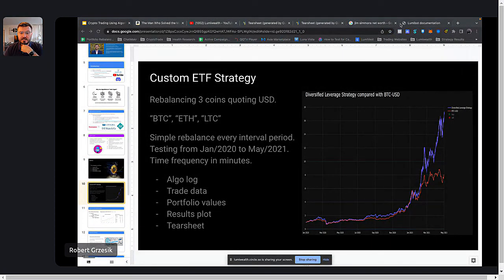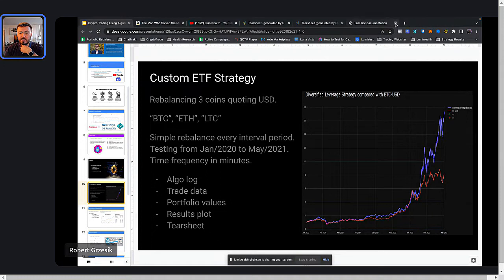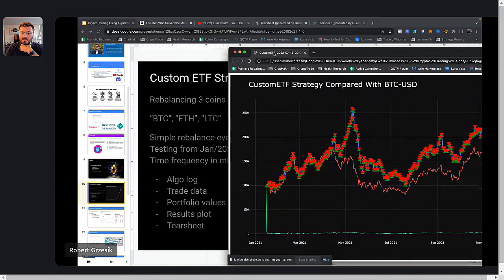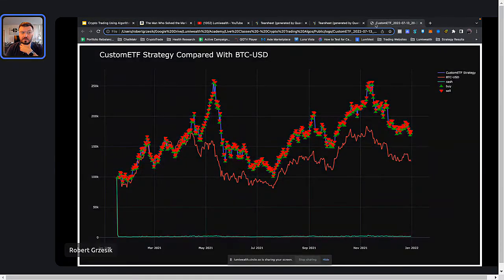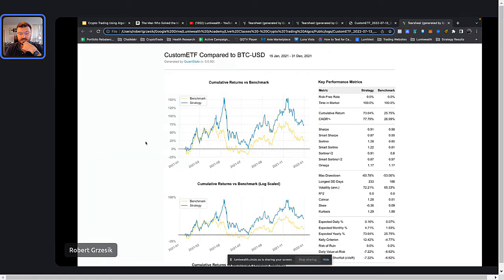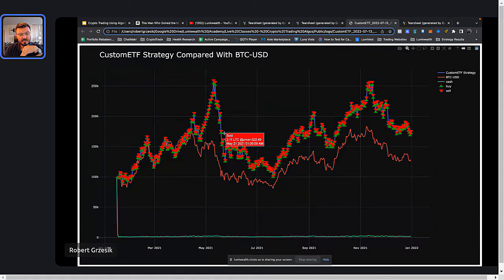Let me bring this over here. Popped up my other window. Every time you run a strategy with our technology using Lumiwealth, you get these 2 graphs automatically. One of them is going to show you all the trades that are placed, right? And you can see here, our strategy is this one here with all the trades, right? And then we also want to compare it to something.